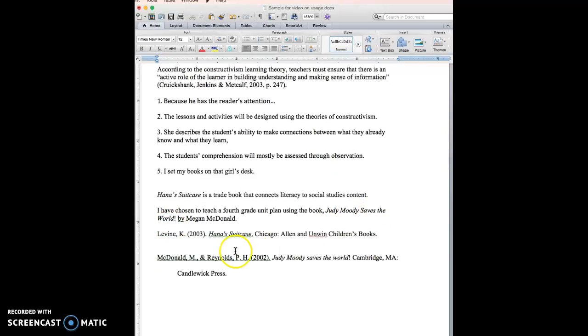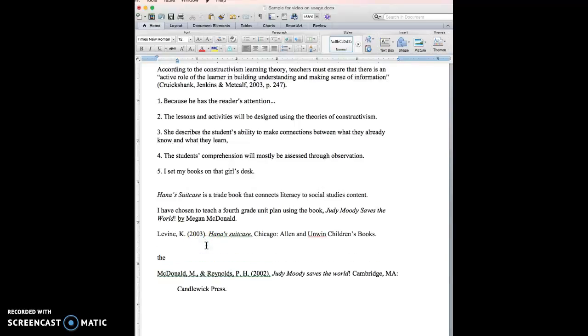Now, when we go to APA format, we have the author, the date, a period, the title of the book. Here it looks exactly like what we have within the text. However, in an APA format, the title, you only capitalize, I'm going to write them down, the first word, after a colon, and all proper nouns.